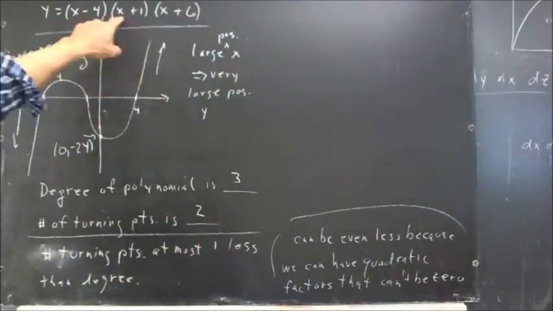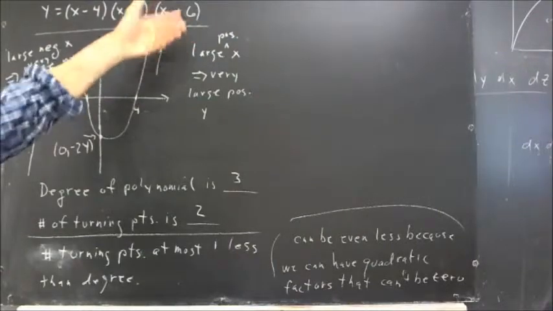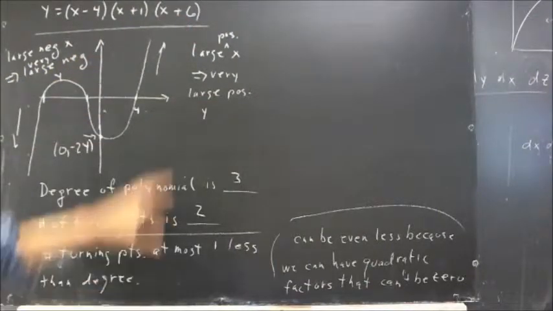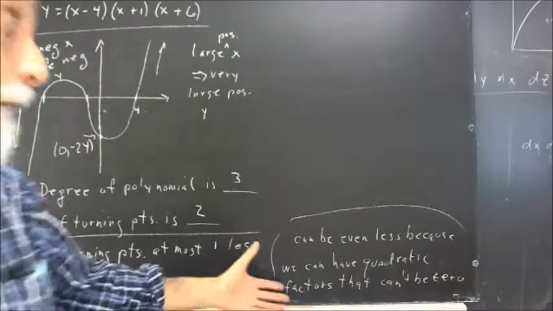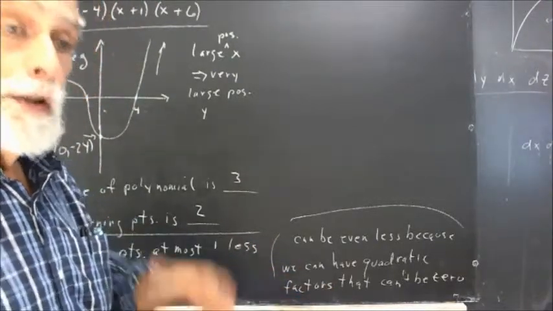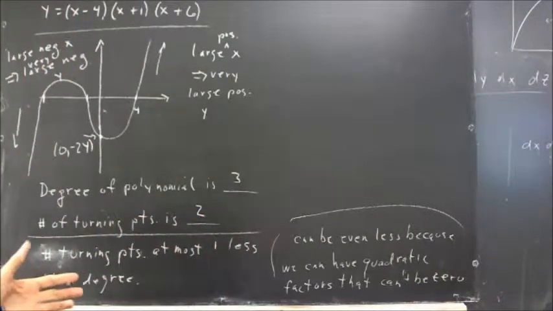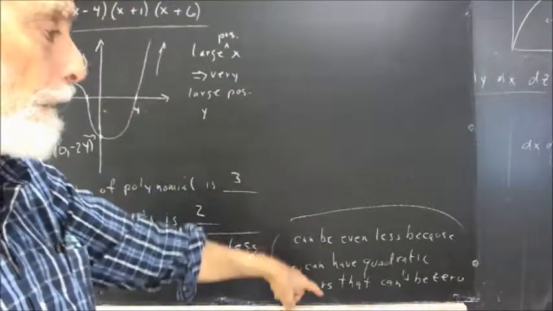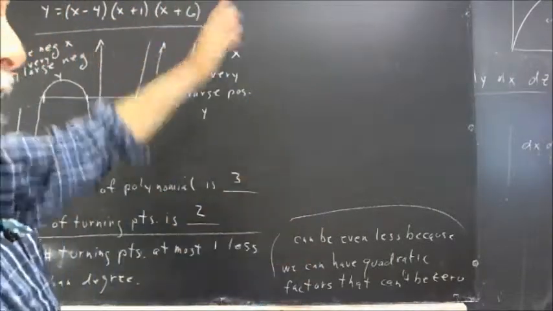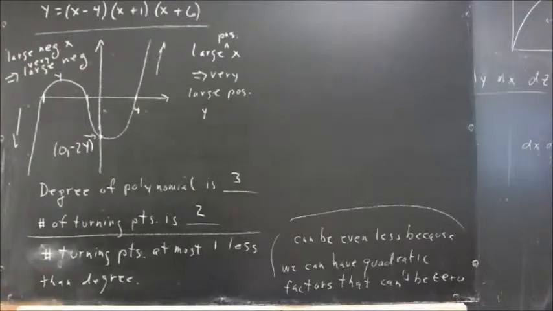Okay? That's not true of linear factors. If it's a linear function, it's going to have a 0. Quadratic factors, though, could have zeros. You could have quadratic factors that have 2 zeros or 1 0. But if you have quadratic factors that have 2 zeros, then you're always adding 2 to the number of zeros, and that's going to give you more turning points. That's a subtlety that you don't necessarily have to completely understand, but you're better off if you do.